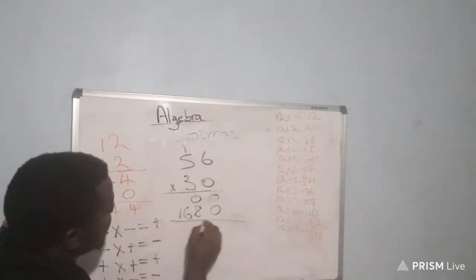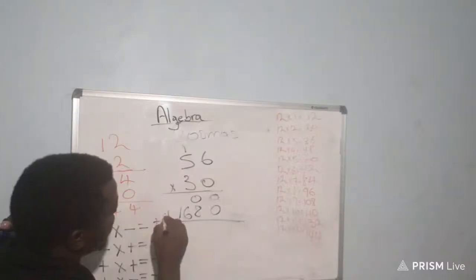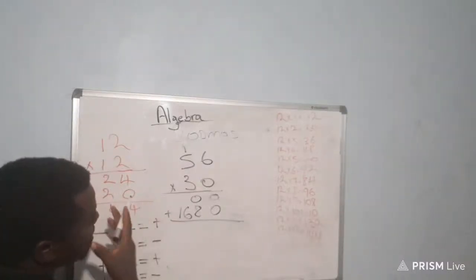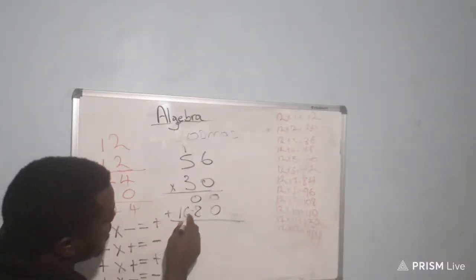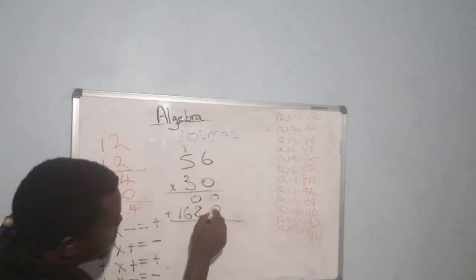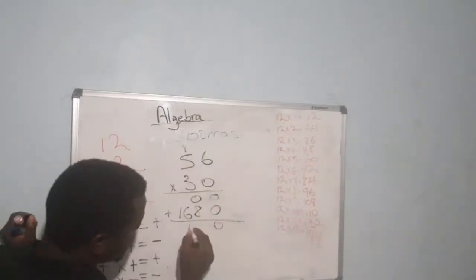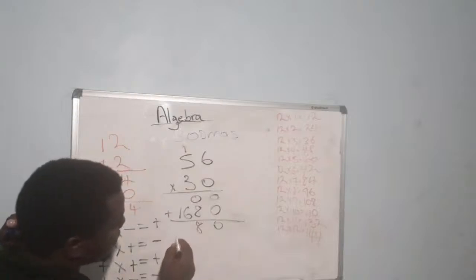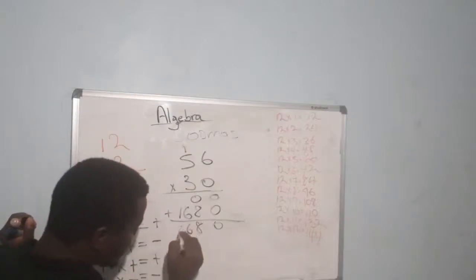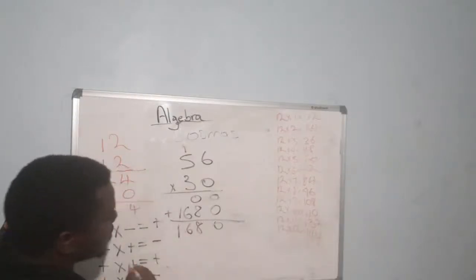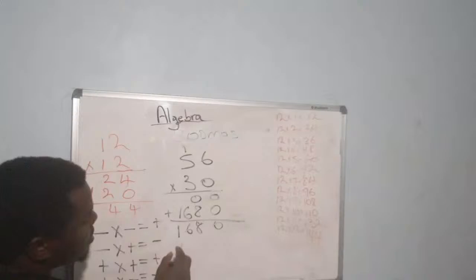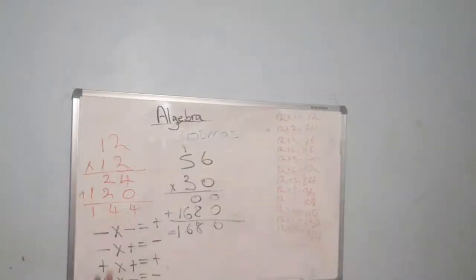So the final answer for this, after your addition stage, is 0 plus 0, 0, 0 plus 8 is 8, and you bring down the 6 and you bring down the 1. So the final answer after you've completed this is 1680.